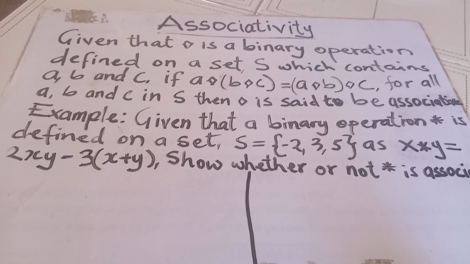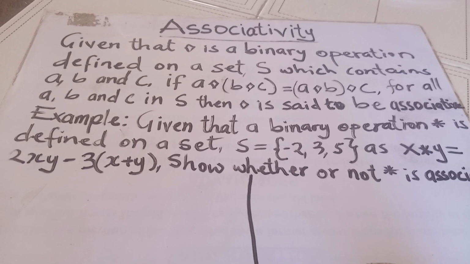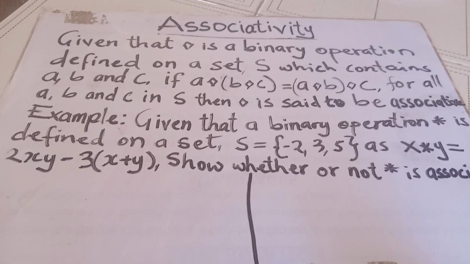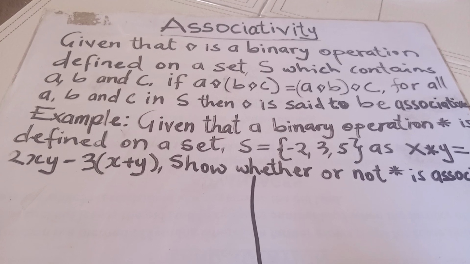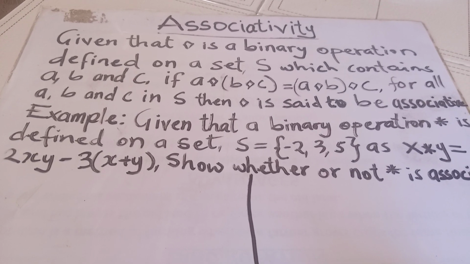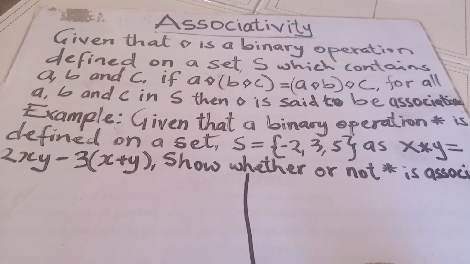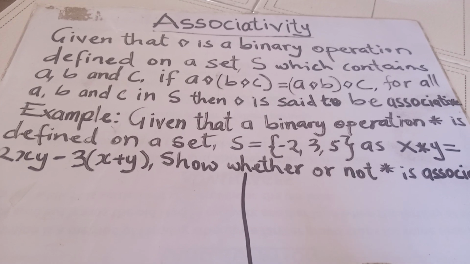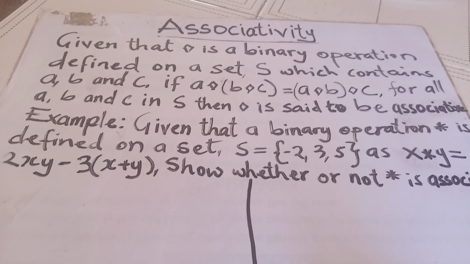In our previous lesson, we talked about the commutative property of binary operation. In this lesson, I would like us to look at the associative property of binary operation, or associativity.